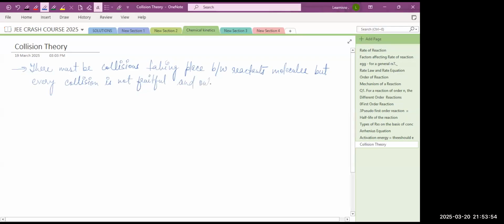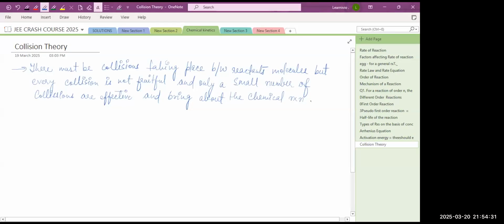And only a small number of collisions are effective, right? And those collisions bring about the chemical reaction.